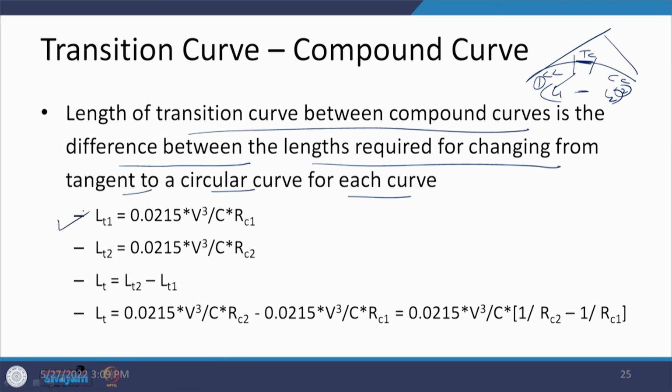So, LT1 is, when we are talking about the rate of change of centrifugal acceleration, 0.0215 V cube divided by CR. So, R is changing, V is not changing, C is a constant. So, what we get is LT as LT2 minus LT1, and when we put the values, we get 0.0215 into V cube by C multiplied by the difference of the inverse of RC2 and the inverse of RC1, and this is how we will get the value of this length.